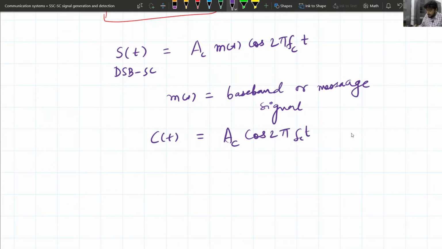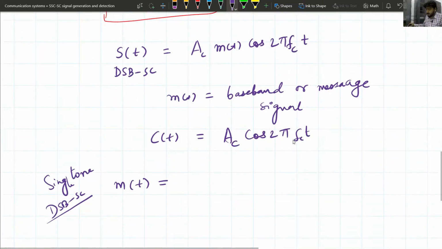Now let's talk about single tone DSB-SC. That means the message signal containing only one frequency. Let's say it is given by AM times cos 2 pi FM into t.